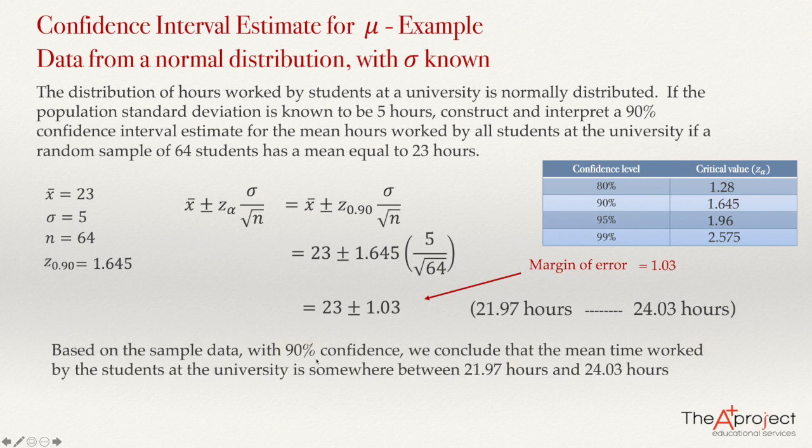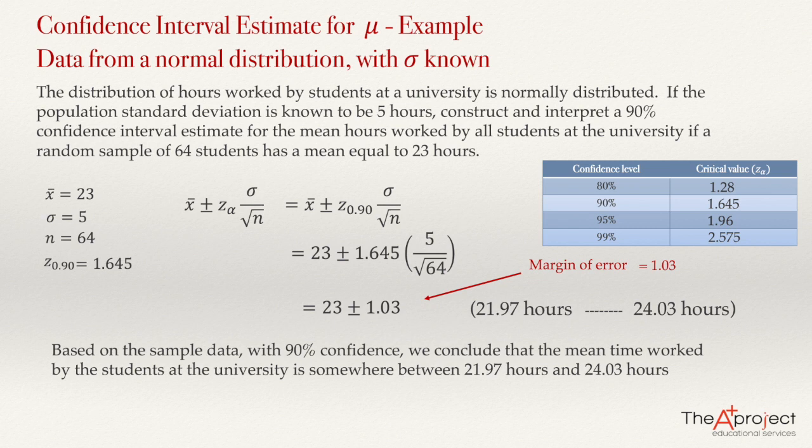So there is a 90% confidence that the mean time worked by the students at the university is between 21.97 hours and 24.03 hours.